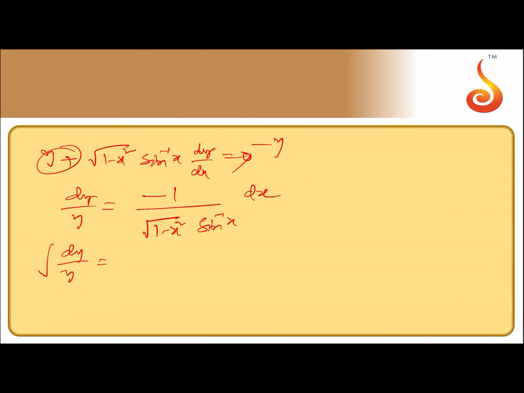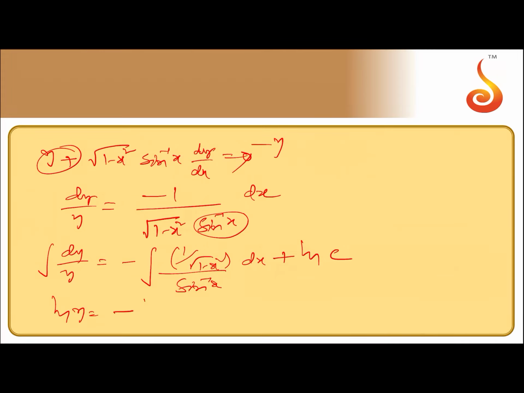Integral dy by y is equals to, sine inverse x derivative is 1 by root of 1 minus x square. It is already existing. So therefore, it is a minus integral 1 by root of 1 minus x square by sine inverse of x into dx plus log c.